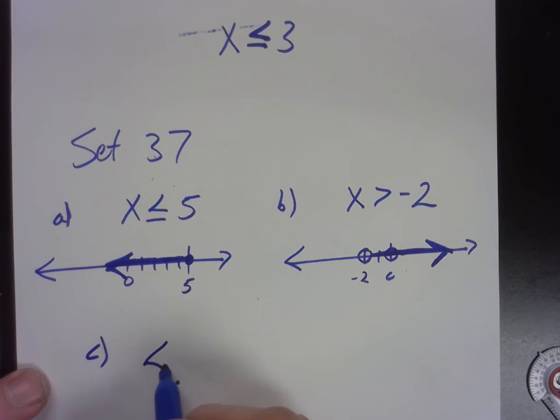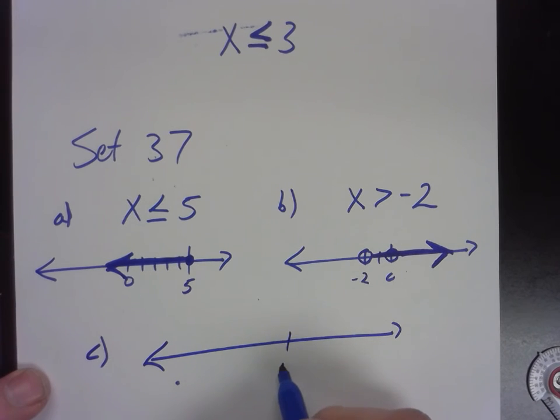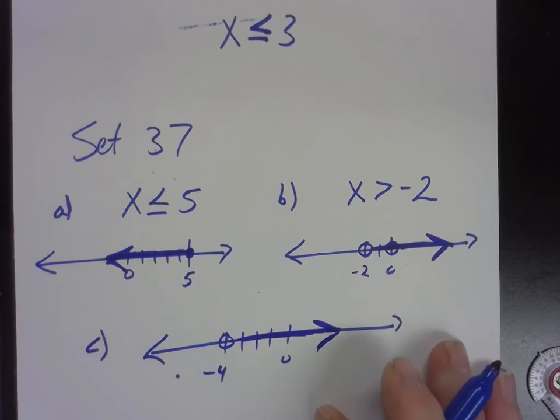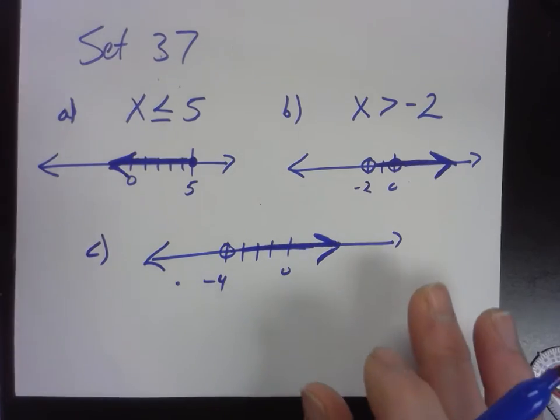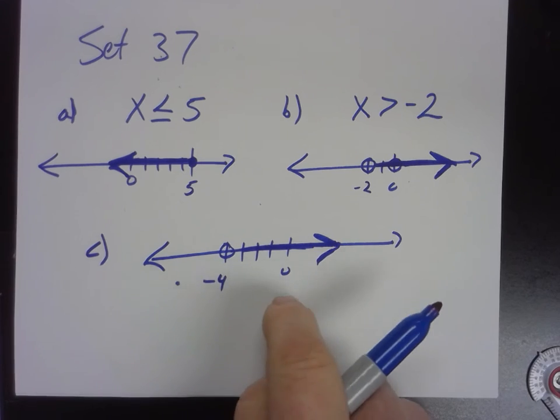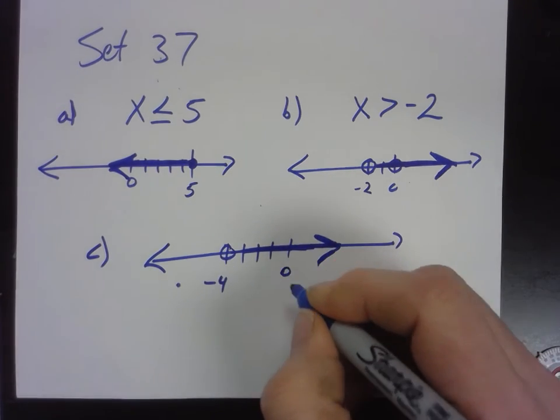Now one more. Here's a graph. I want you to write the inequality. Oops. Let me get that up a little higher. Write the inequality for this graph. So here's the origin, here's -4.